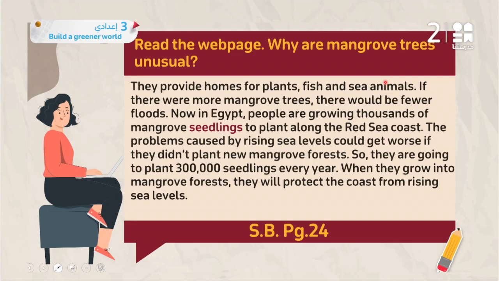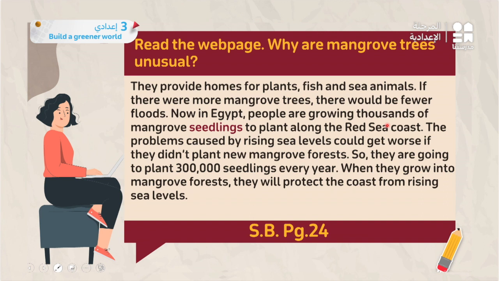Now in Egypt, people are growing thousands of mangrove seedlings to plant along the Red Sea coast. Seedlings means young trees, young here meaning small in age, like a baby tree. They started planting many of them on the Red Sea coast.